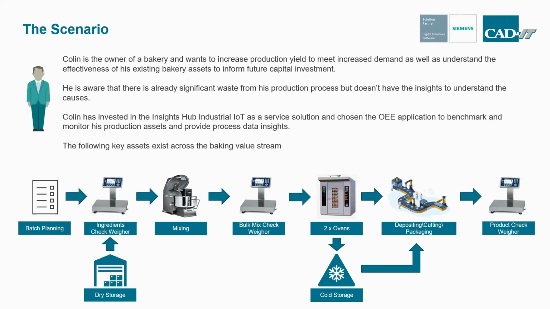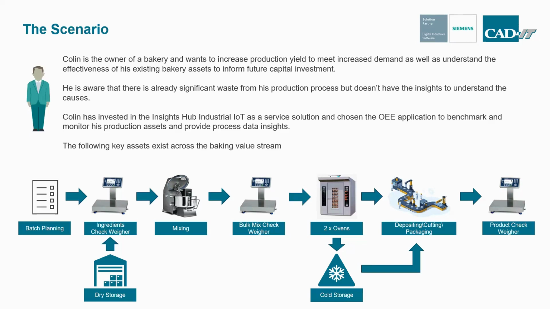If you've only got so much money to invest, where would you invest it? Wouldn't it be better to know which assets are performing worse than others, or may need maintenance or investment to overhaul, or whether you actually need to buy new assets? What is the issue within your production environment?